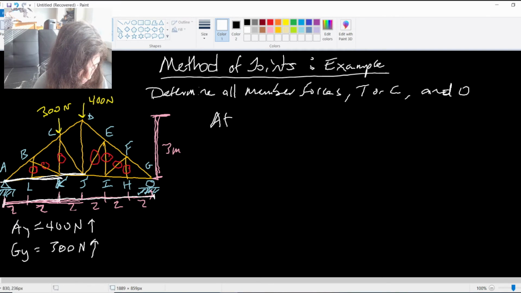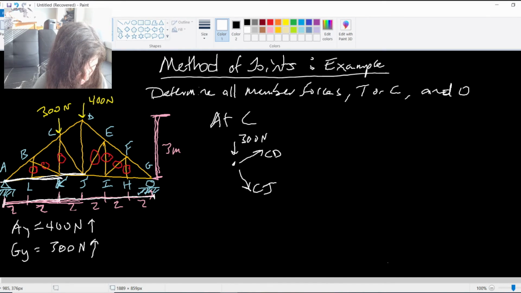I'll do my next one. At C, I have that 300 newtons pointing down on it. And then I have my CJ, as well as CD.